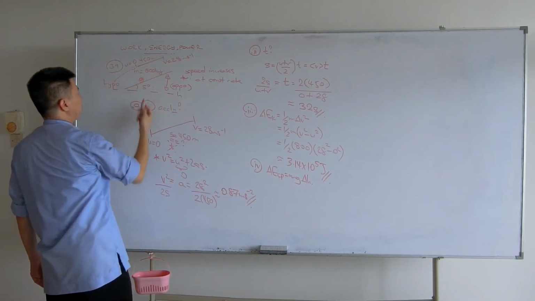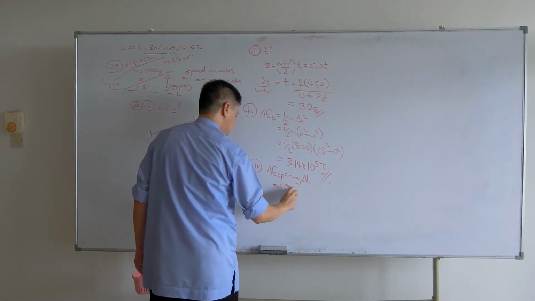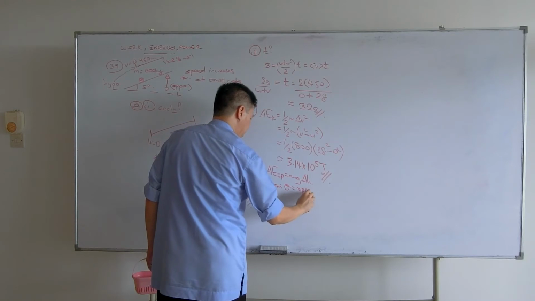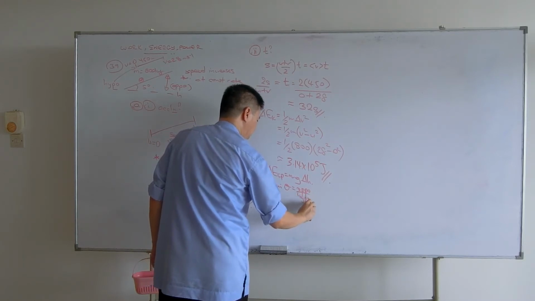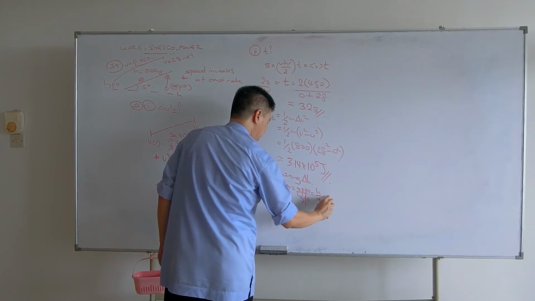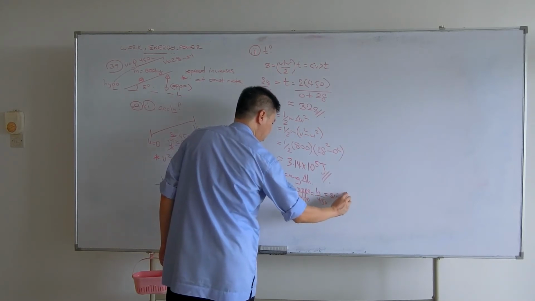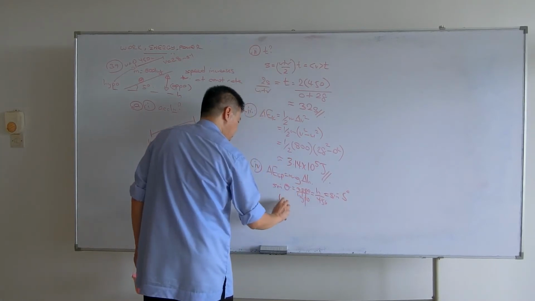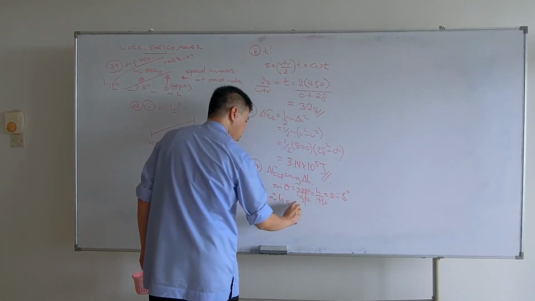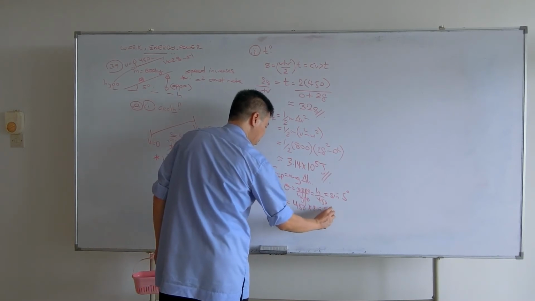So we're dealing with sine theta. Sine theta is equal to opposite over hypotenuse, so the height over 450 is equal to sine 5 degrees. Therefore, h is equal to 450 times sine 5 degrees.